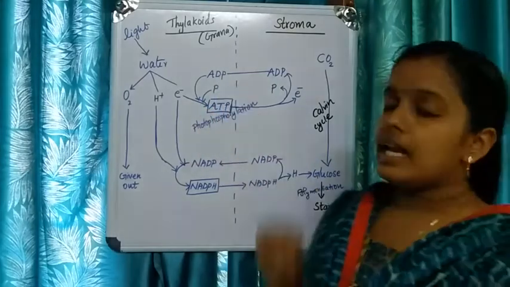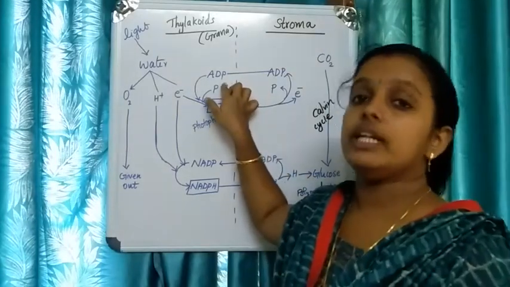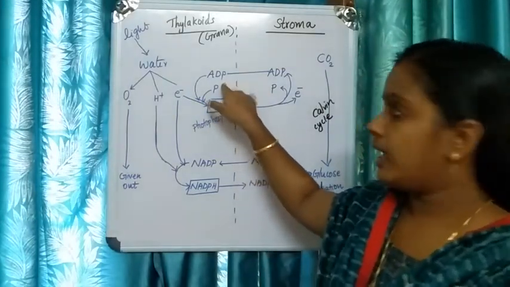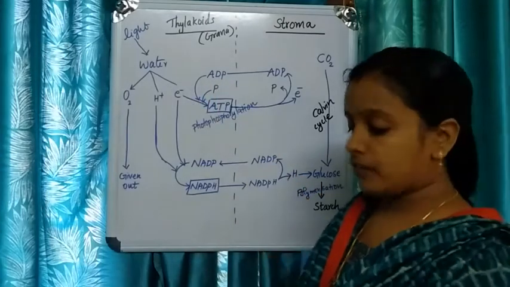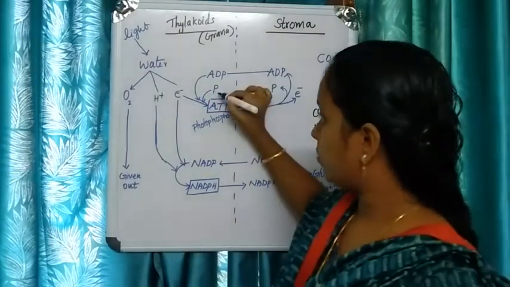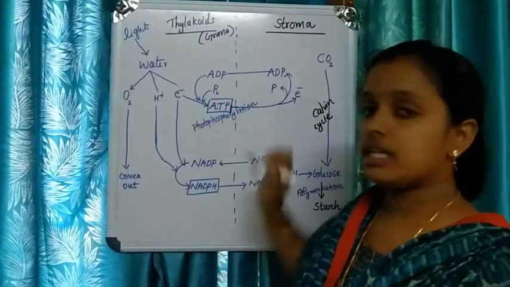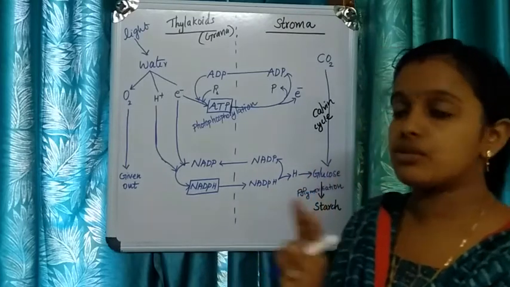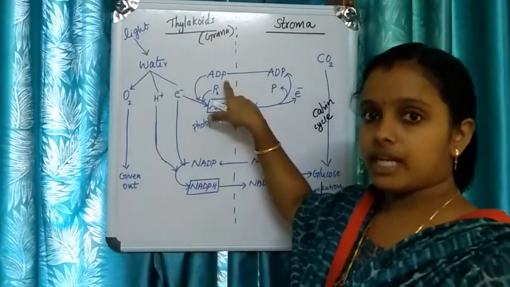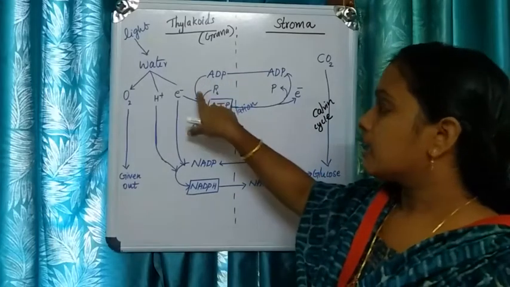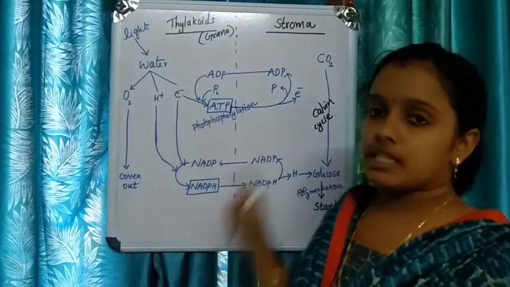Here in the light dependent reaction, ADP, adenosine diphosphate, joins with one inorganic phosphate, one more phosphate group. This ADP is diphosphate, ATP is triphosphate. Di means 2, tri means 3. So ADP, one energy molecule, is joined with an inorganic phosphate in the presence of light.